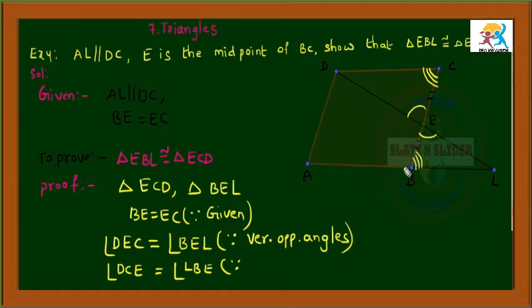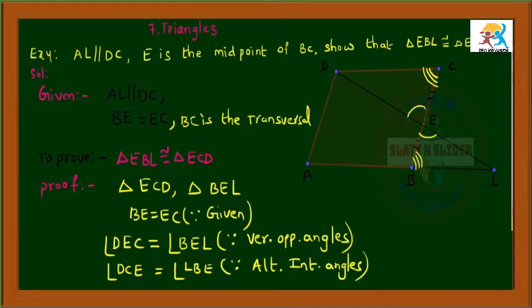Then BC will become transversal. So in the given itself, I will write BC is the transversal. So angle DCE and angle LBE both will be said as alternate interior angles. So the alternate interior angles are equal. So I will write alternate interior angles.